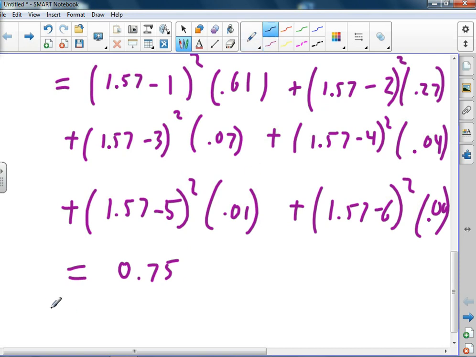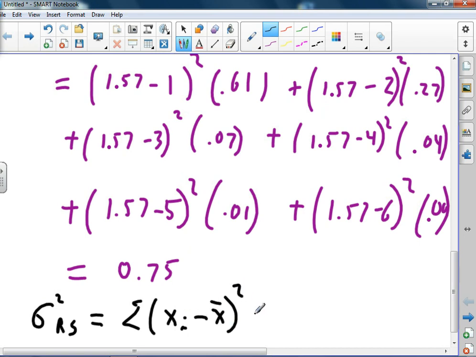And then we want the variance of the rent subsidized guys. We're going to do it slightly different this time, but we're going to end up with the same number.